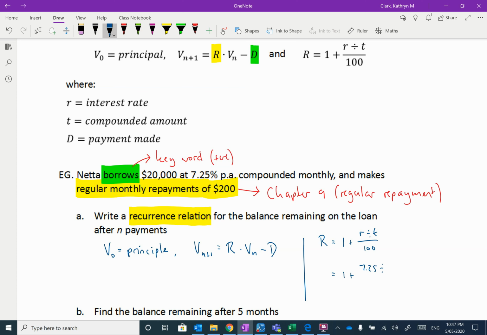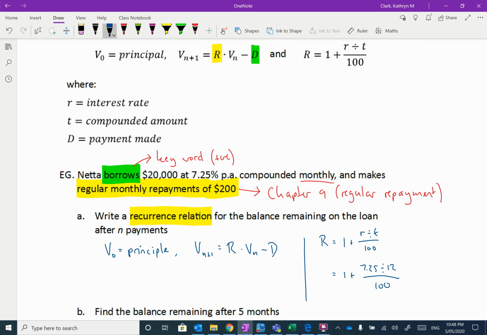T is the number of times it's compounding. In this question it's compounding monthly, so I'm going to divide by 12, and then divide everything by 100. So I get an R value: 7.25 divided by 12 divided by 100 is 1.006.